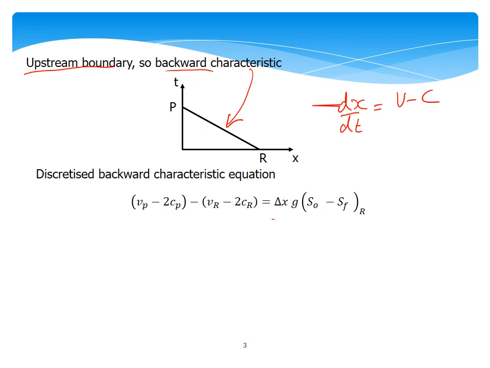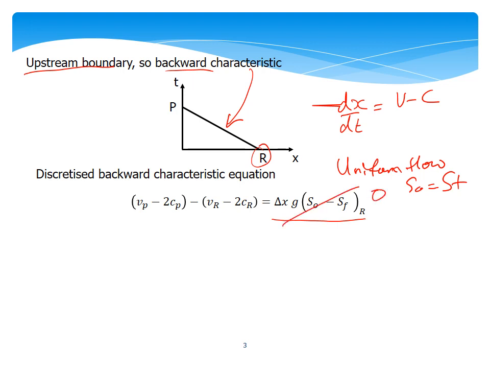We're going to calculate this right-hand side at this point R. Remember that we've got uniform flow, so in uniform flow S0 equals Sf, so this term is going to cancel to 0. That's the important thing.